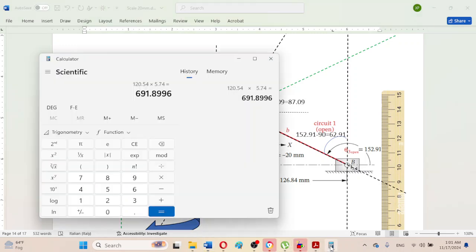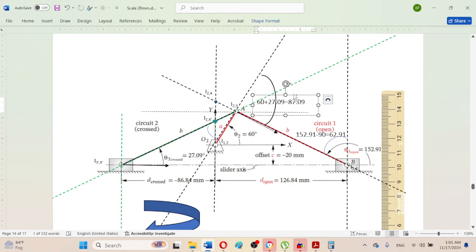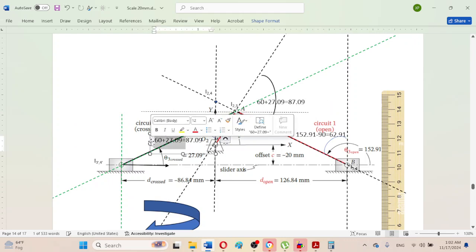So that can be shown here, 60 minus 27.09. So this comes out to be 32.91. So for example, I can just copy any label from here and paste it here. Now I can move it here and mention the angle, because place is insufficient here.